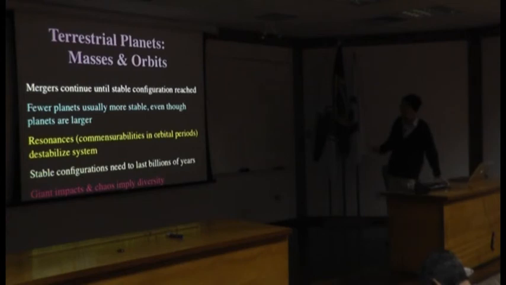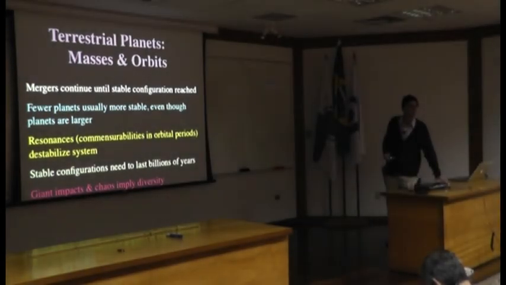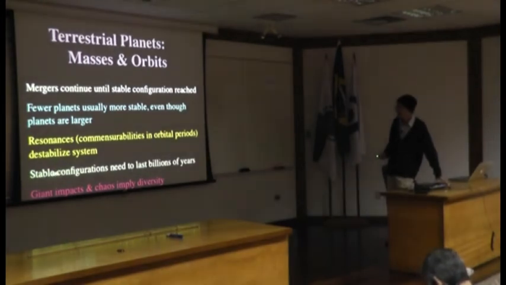Mergers continue until a stable configuration is reached. Fewer planets is usually more stable, even though their masses are larger because of the mergers. Resonant interactions can destabilize the system. And stable configurations had better last for the lifetime of the star, otherwise they're not really stable. So planet formation will continue until you get something stable.